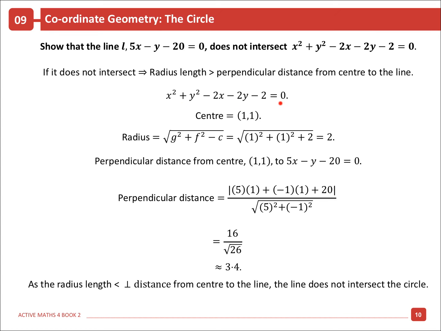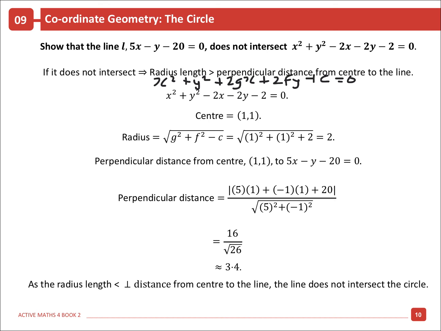So this is our circle. I want to find the center. Remember, in this case, if we look at my x squared, go back to my formula, x squared plus y squared plus 2gx plus 2fy plus c equals 0.